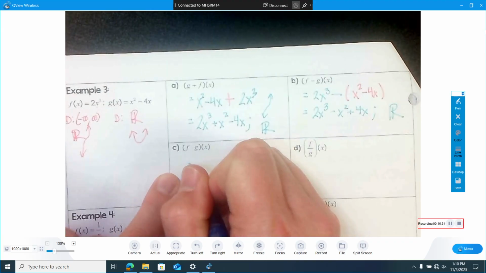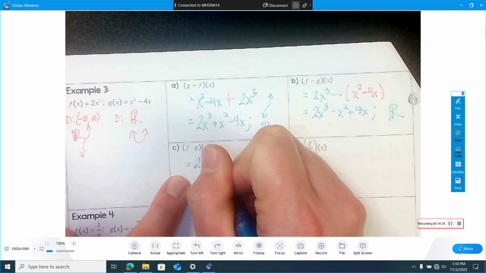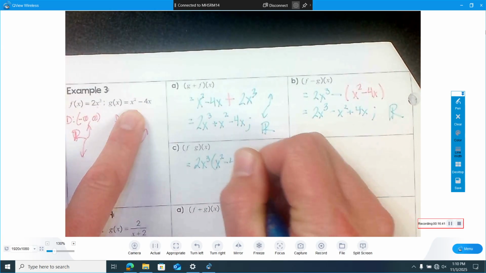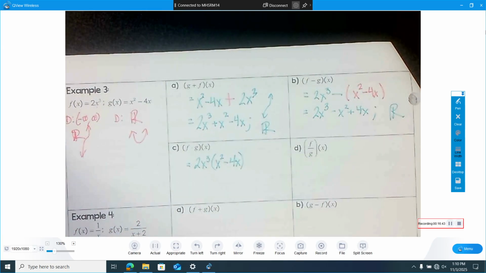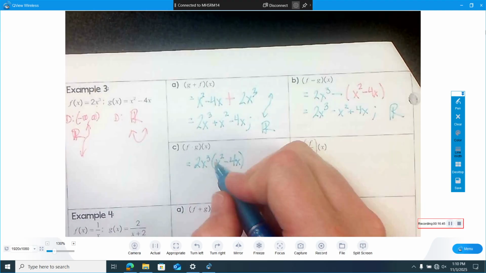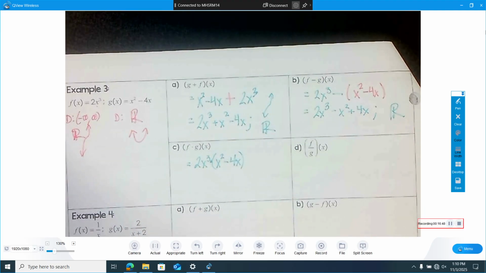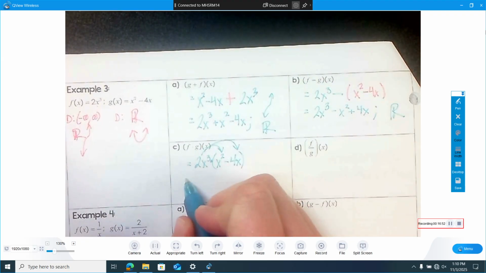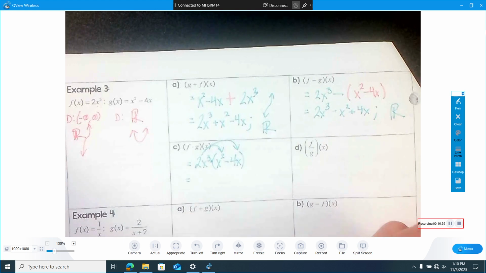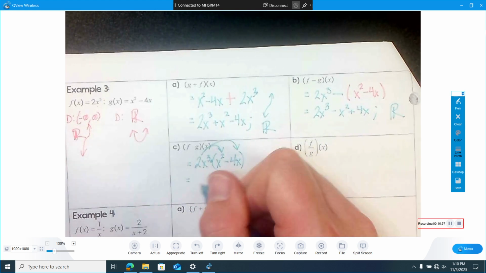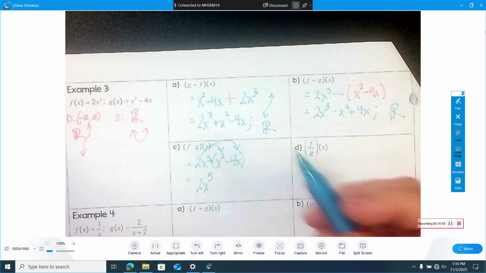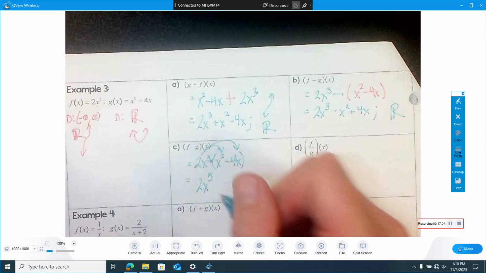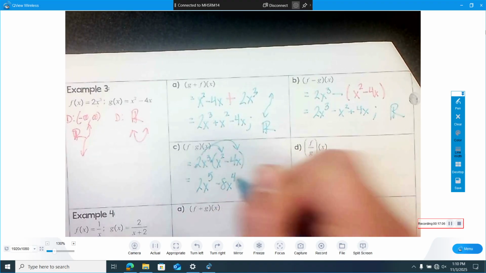F of x times g of x is going to be 2x cubed times the g of x function, so times x squared minus 4x. Multiplying them together, and what do we need to do? Distribute, yep. Distribute those. 2x cubed times x squared is 2x to the fifth, very good. And then 2x cubed times minus 4x is negative 8x to the fourth.